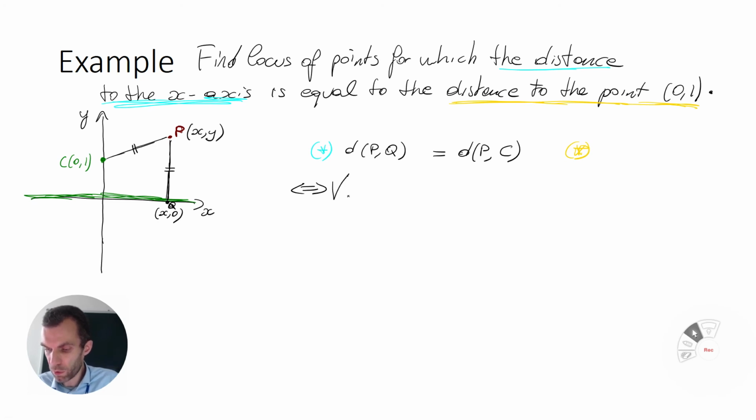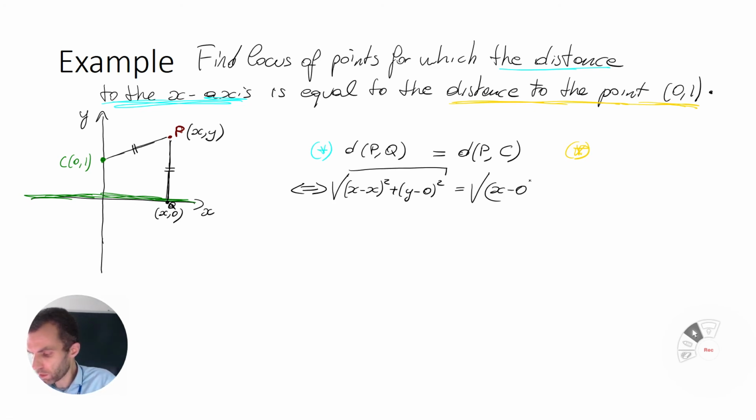So now we can calculate the distance from P to Q. That's the square root of, we have to take the difference of the coordinates. So x minus x squared plus y minus 0 squared. And that has to be equal to the square root of, and now the difference between the coordinates P and C, so x minus 0 squared plus y minus 1 squared.